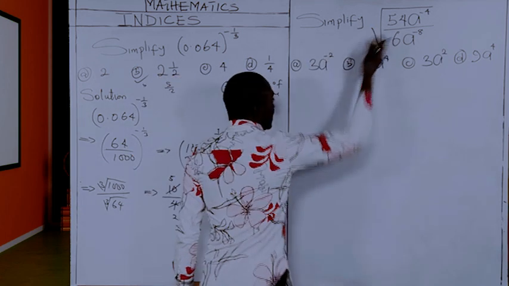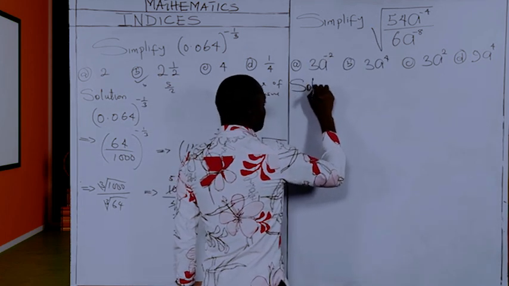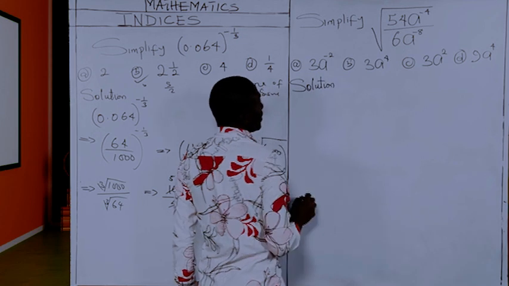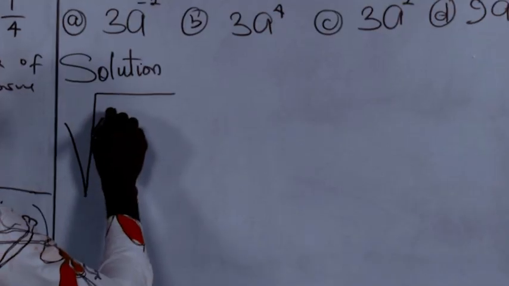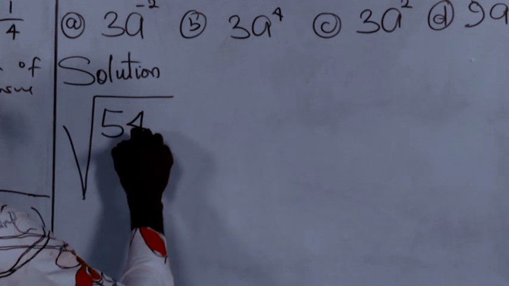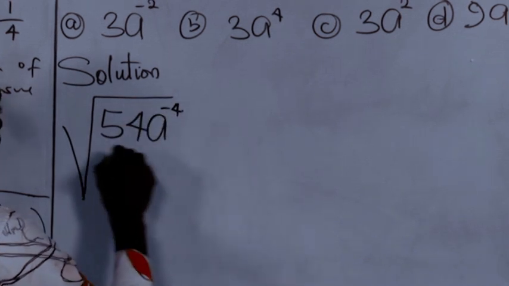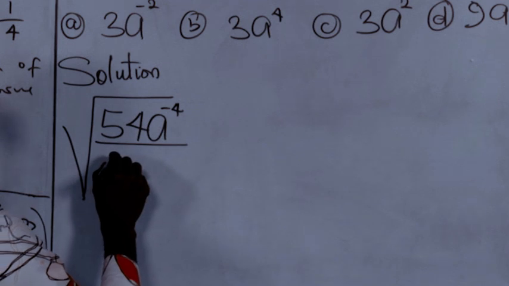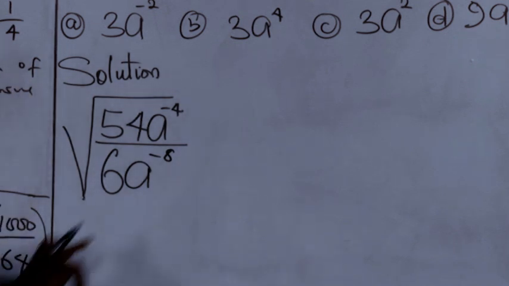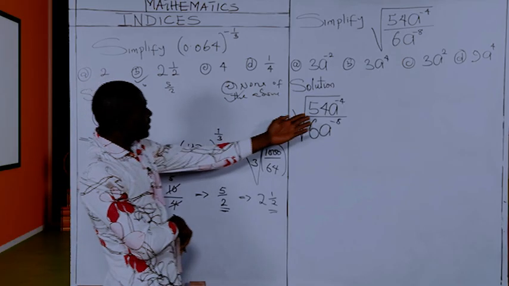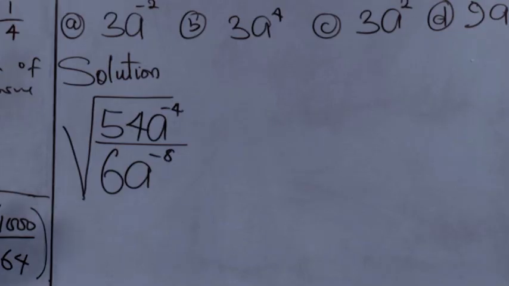Let's move. We want to simplify this. Solution. We have the square root of 54a raised to power minus 4, everything over 6a raised to power minus 8. Now, this 54 cannot be expressed in index form. 6 cannot be expressed in index form.